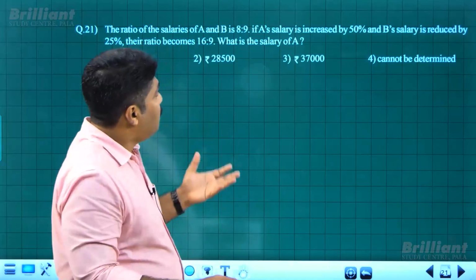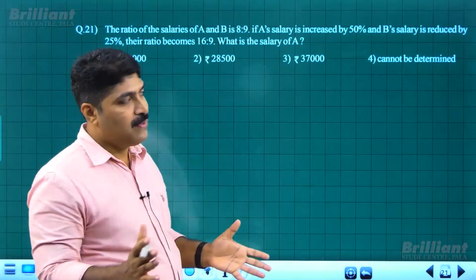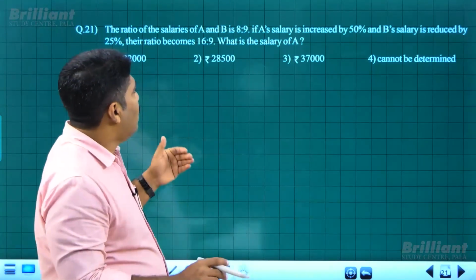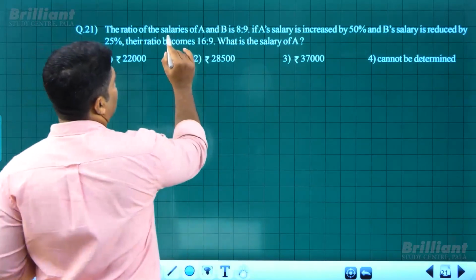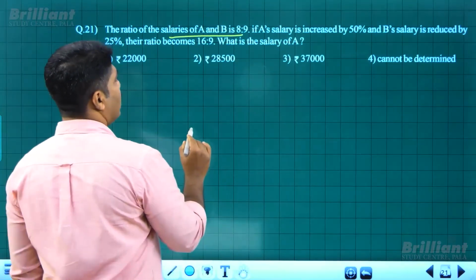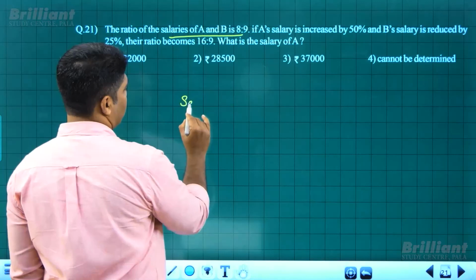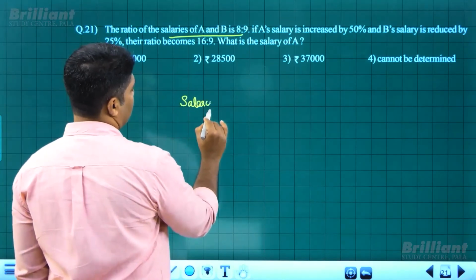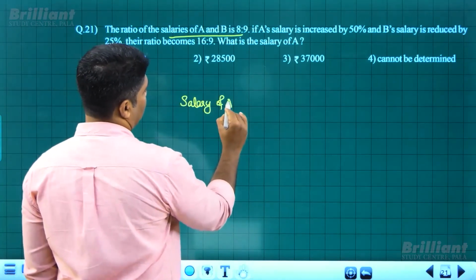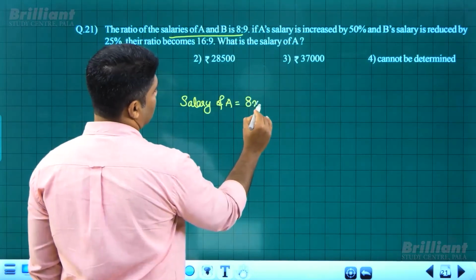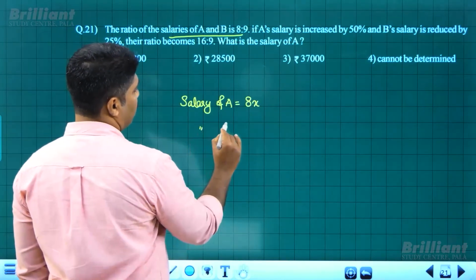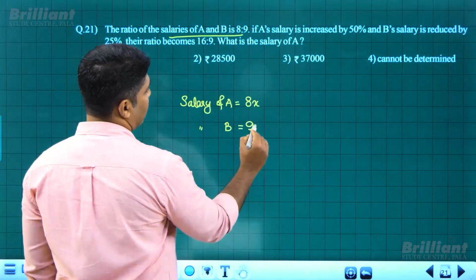Here we are going to find out a constant value. Suppose we consider the ratio of the salaries of A and B as 8:9. Therefore, first we are considering the salary of A as 8x, and salary of B as 9x.